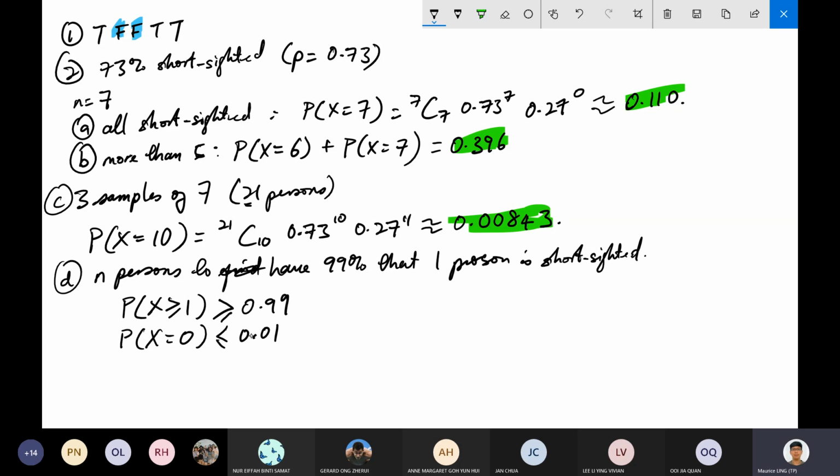So how do you get this number? If you work it out, you end up with nC0 times 0.73, 0% short-sighted, okay, and you have 0.27 to the power of n gives you less than or equal to 0.01.